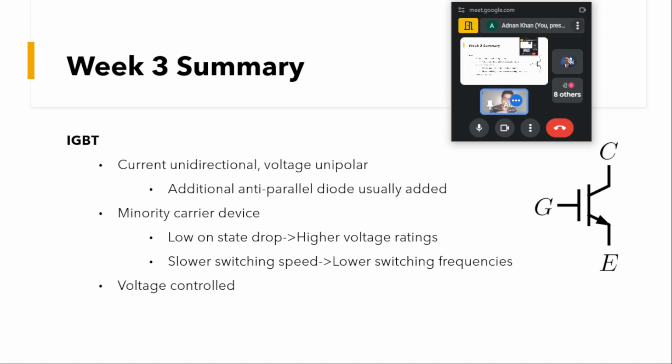As such, MOSFETs will be rated around 600 to 900 volts, but IGBTs are of the higher order, like 1200 volt and 1.7 kV IGBTs.